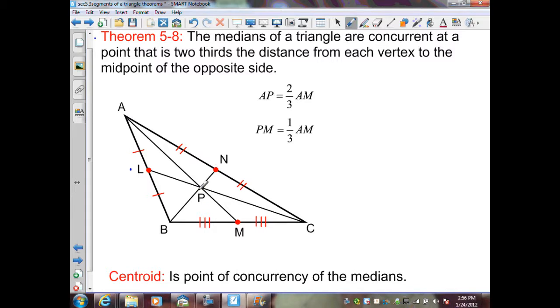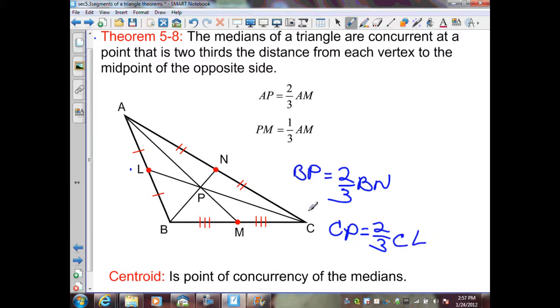Therefore, AP is 2/3 AM, BP is 2/3 the entire median, which is BN, and CP is 2/3 the entire median, CL.